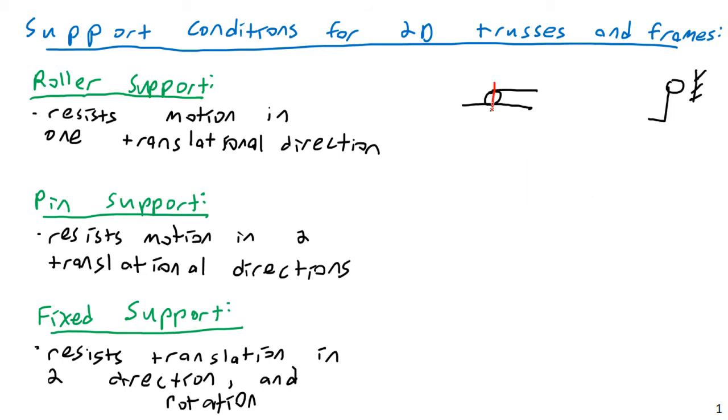I would have one translational force perpendicular to the surface, and it can be either horizontal or vertical. The important thing for a roller support is that the force is perpendicular to whatever surface the roller support is on.